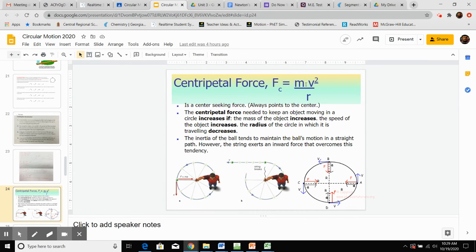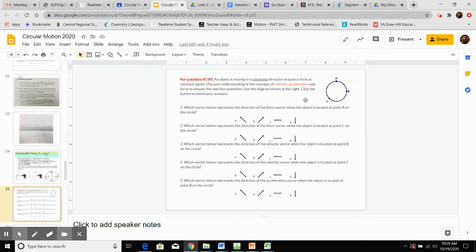If you replace velocity with our equation for velocity, 2 pi r over T, v squared, you can see, is sometimes on different resources written like mv squared. Well, m times 4 pi squared r over T squared. We're not going to really deal with that, but you can wind up seeing that as an example.